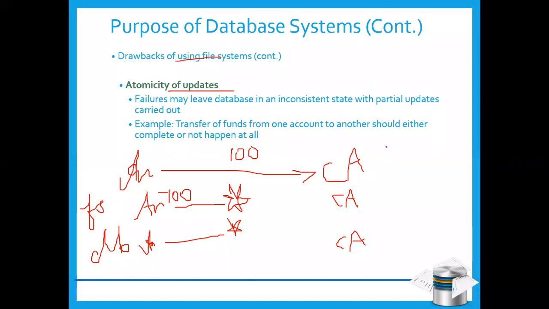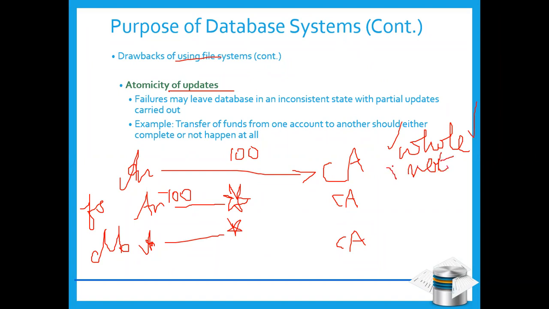Atomicity of updates means either the whole transaction should have happened, meaning money should have gone from Anthony's account and reached the college account, or nothing should have happened.